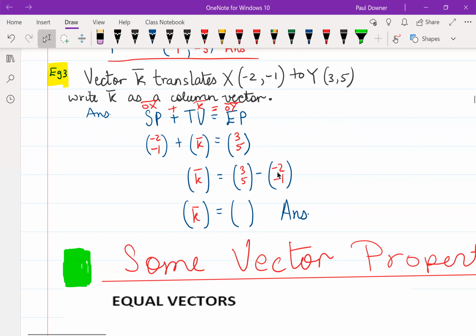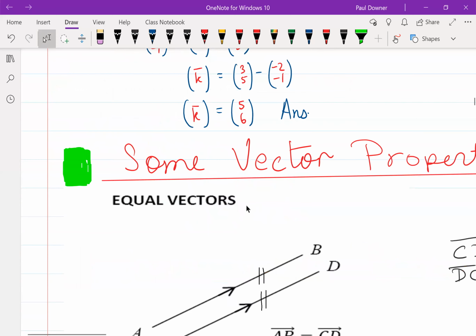So it'll be 3 minus minus 2, or simply 3 plus 2. All right, and 3 plus 2 is going to give us 5. So that's what's going to go up here. There's going to be 5 minus 1, which is going to be 5 plus 1, which is going to be 6. In this case, we do have to convert it to a vertical form because they wanted it as a column vector, which means vertically like this. Okay, so our answer is going to be 5, 6 written vertically.